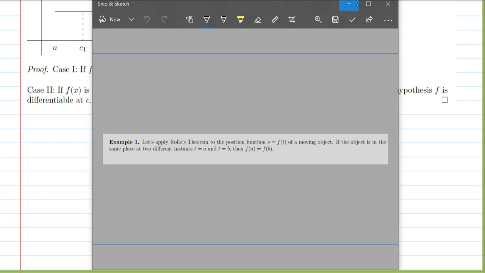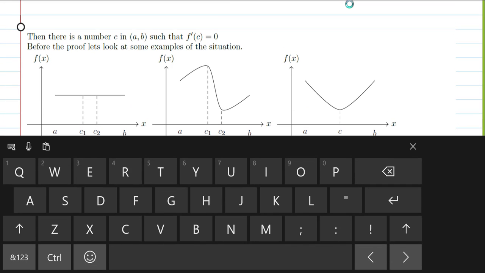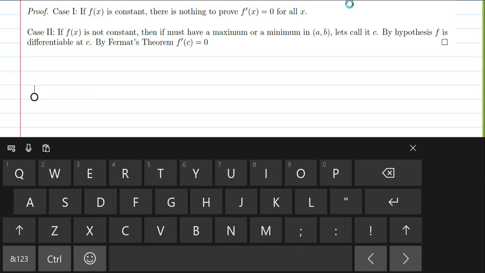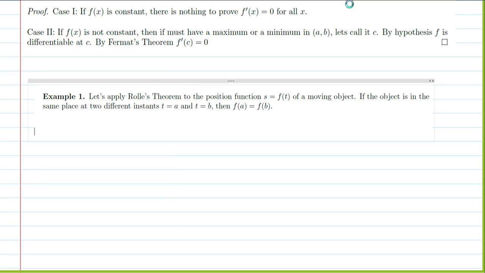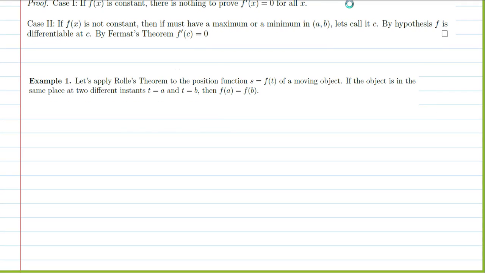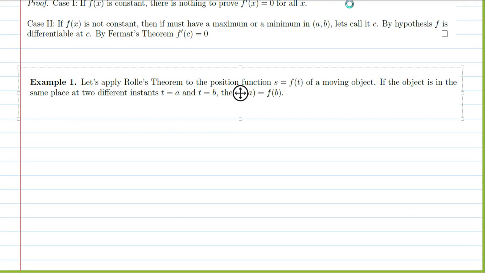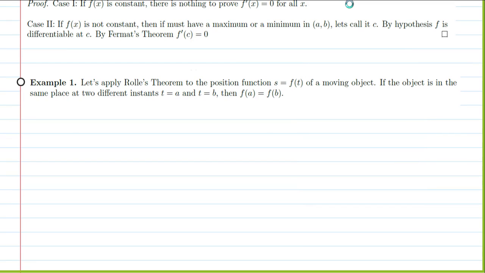Let's take a look at a couple of examples of how we can use Rolle's theorem. Let's apply Rolle's theorem to the position function s equals f of t of a moving object. If the object is in the same place at two different instances, t equals a and t equals b, then f of a equals f of b. Well, what does that tell us?